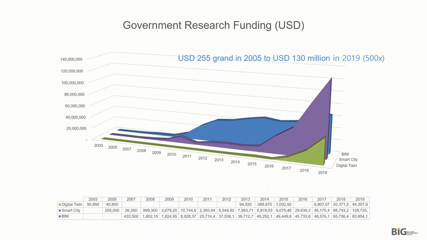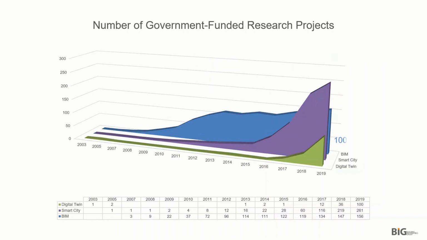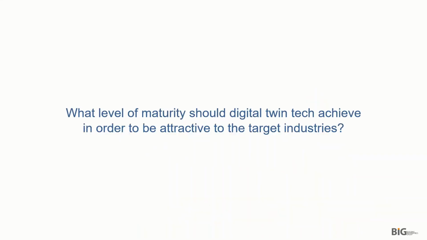This year, 2019, it is $130 million. So the growth rate is 500 times. The number of digital twin research projects reached 100 this year. So we do have a lot of interest in this.